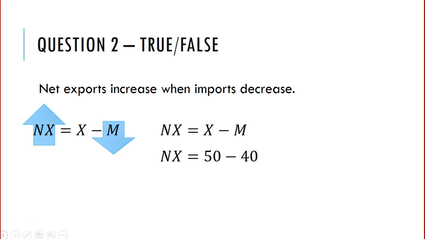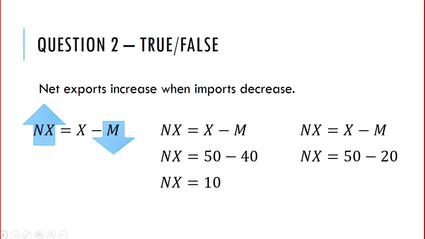So for example, we had this scenario. Net exports equals 50 minus 40. Net exports equal 10. Straightforward enough. And let's then say imports decrease from 40 to 20. Net exports increase to 30. Simple.